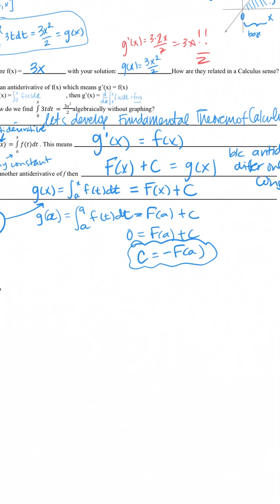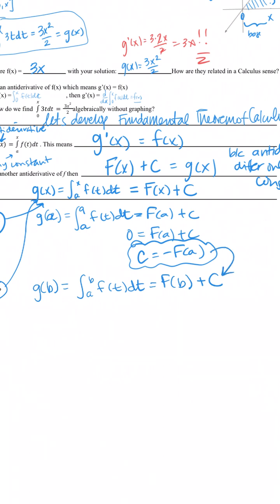Okay, next, let's let x equal b, right? We're going from a to b. So I'm going to plug this back in to our original statement here. G of b this time is our integral from a to b of f of t dt, and that's going to be F of b plus c. Okay, well, we just knew from the previous step that the constant is negative F of a.